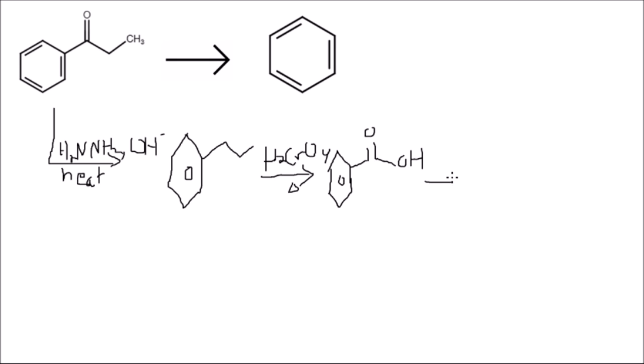So what you could do is convert this carboxylic acid into an amide. And the way to do that would be reacting it with ammonia. Remember, amines can replace the hydroxide group because it's a stronger base.